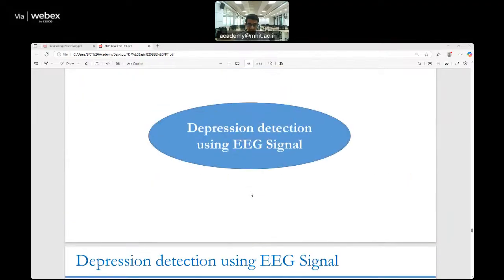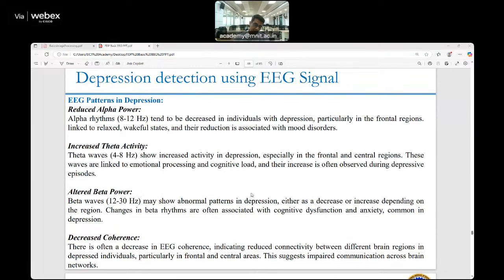Depression detection using EEG signals. First we need to be clear about what we mean by depression, in the form associated with EEG rhythms. Alpha rhythms: what were the alpha rhythms? Another is theta activity, associated with deep sleep.